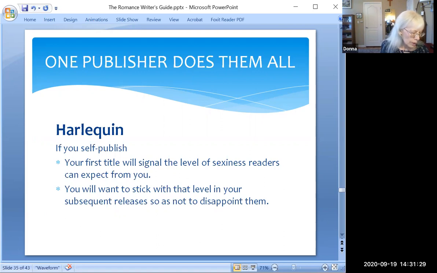So if you do decide to write a different kind of romance, either a lot sweeter or a lot sexier than your early releases, you will want to clearly signal that to your readers. One way to accomplish the switch is to adopt a pen name, but another possibility is simply to assign a series name that will define the difference. Let's go to the next slide.